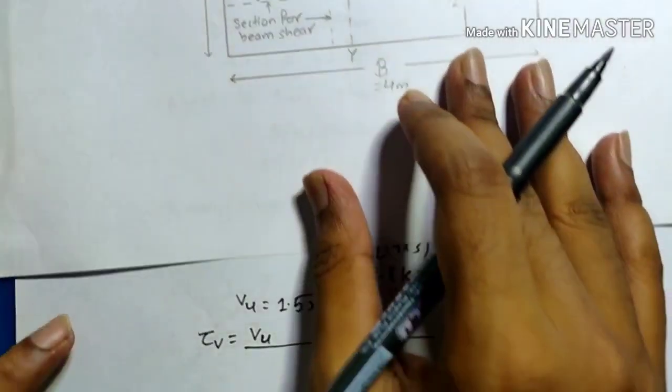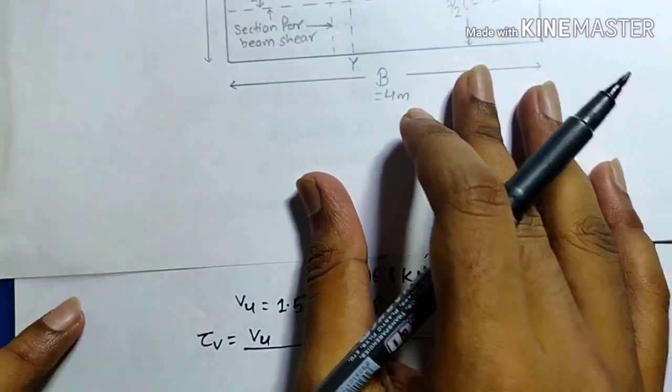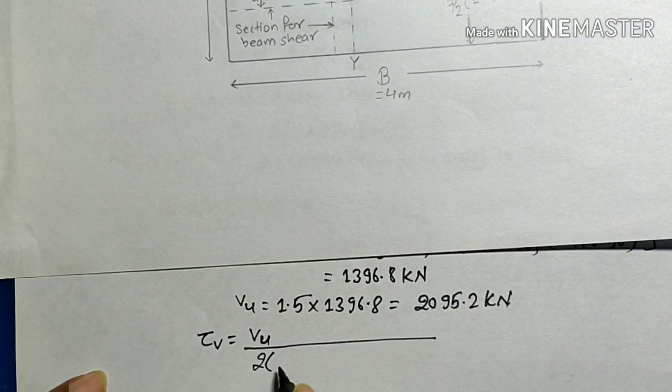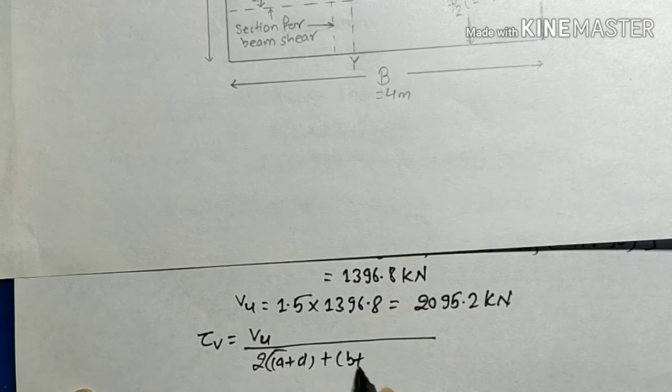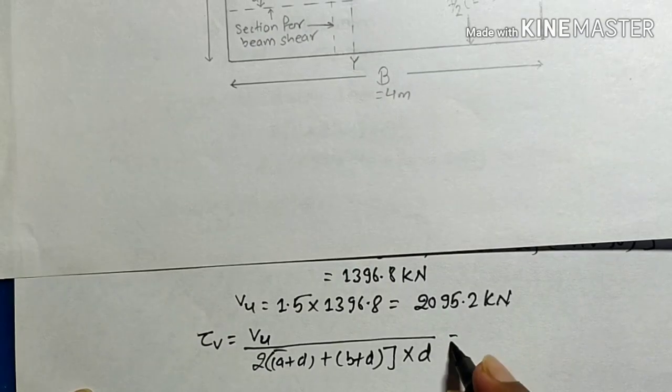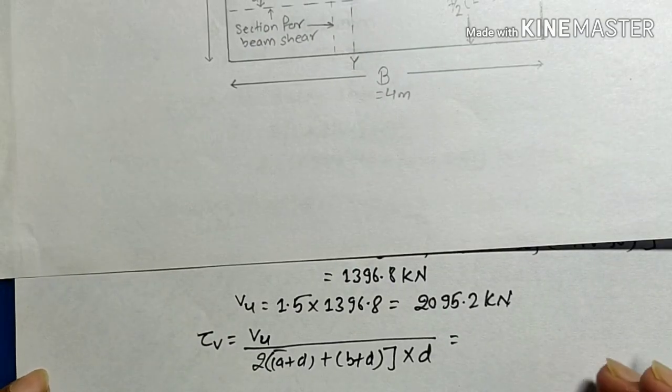So our perimeter is 2 times A plus D plus B plus D into depth. So put the value and find the value of tau V.